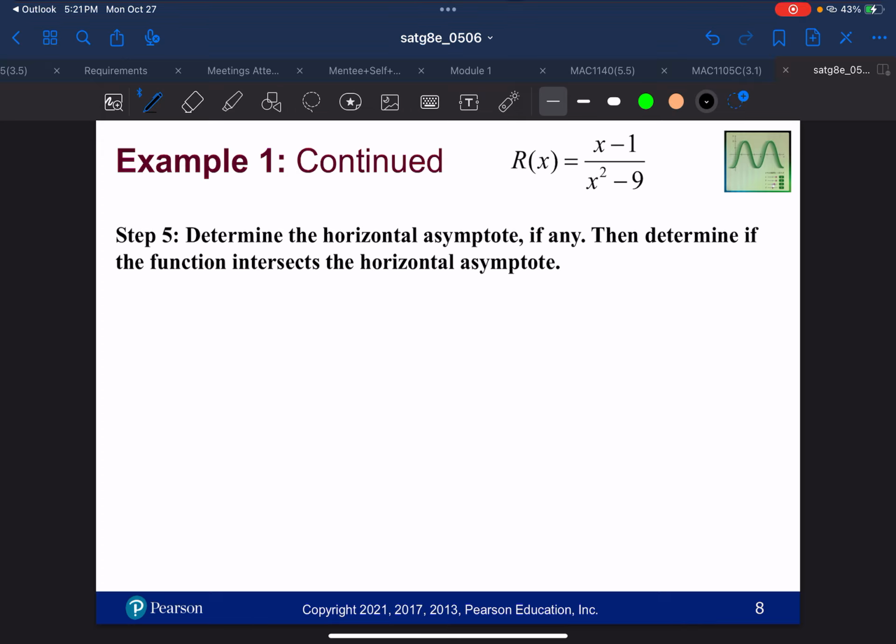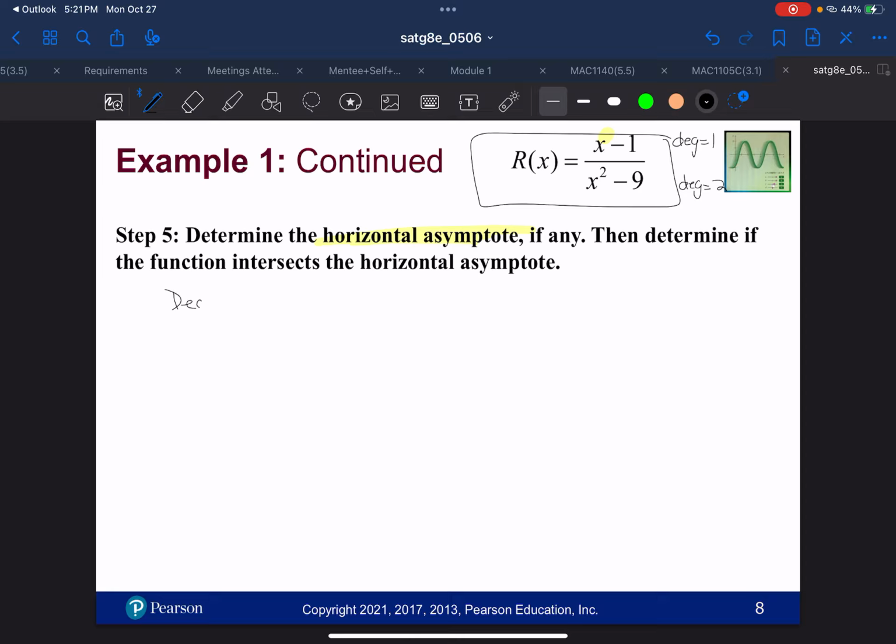All right, now let's look at the horizontal asymptote. So we will look at the degree of the top and the bottom. So you will want to go back to the original form of this function, not the factored form, to look at the degree. So the top has a degree of 1, and the bottom is 2.